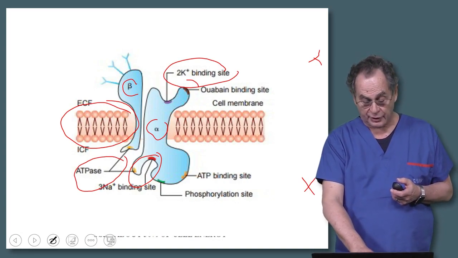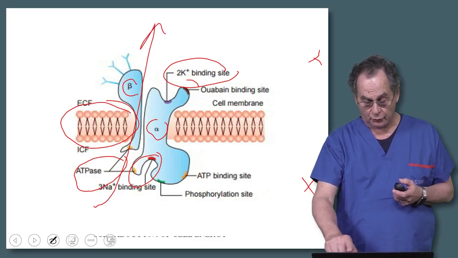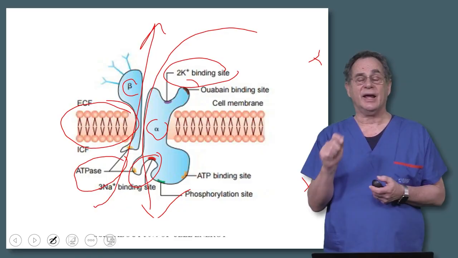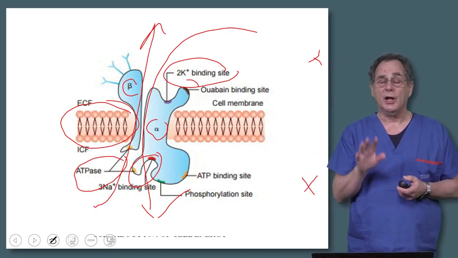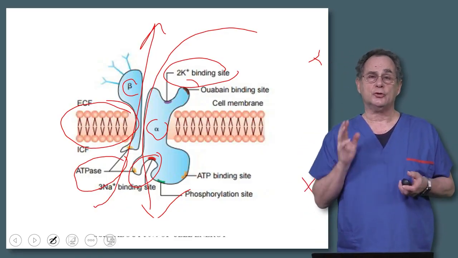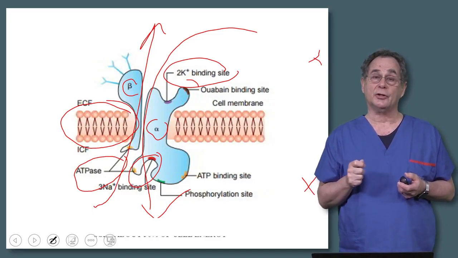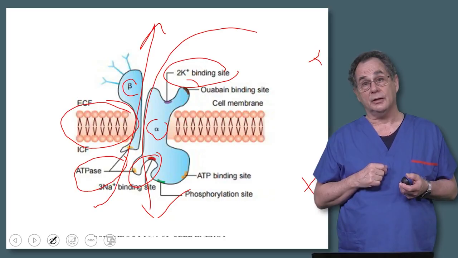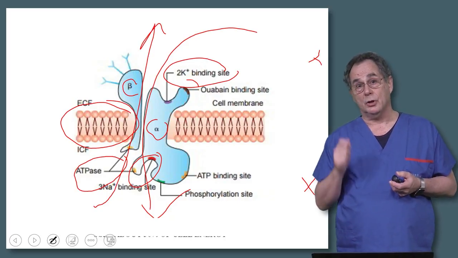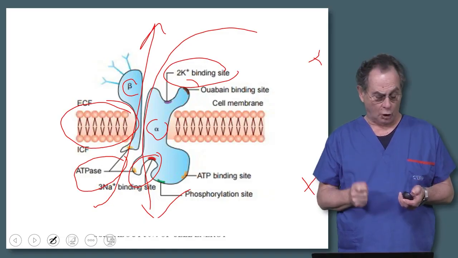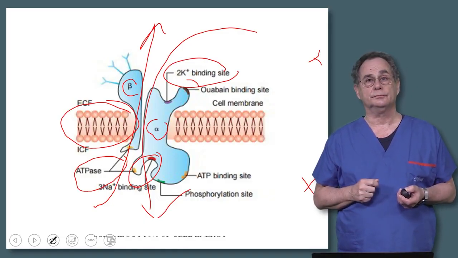That confers energy, which allows sodium to move out and potassium to move in. Critical to maintain this gradient, and we'll see how that has important effects on kidney tubule solute transport and how it has critical effects actually on electrical activity in the cardiovascular system. Key protein that maintains that differential solute concentration.